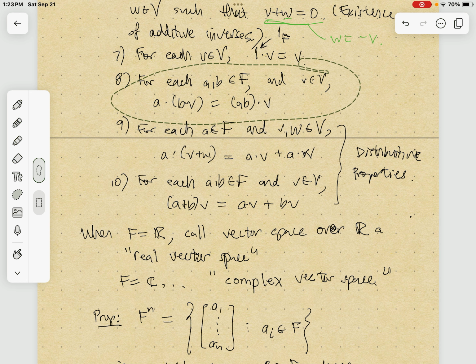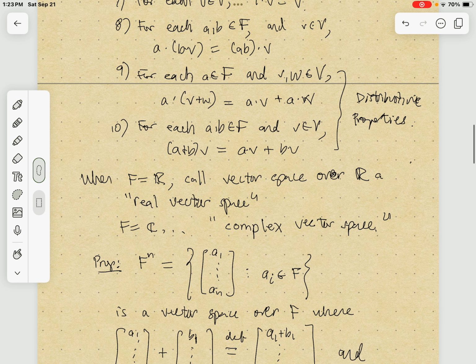What about property 8? No, we don't need to check that either, because we can just use the same argument that if you have A and B and F, and V in S, then V is in V, and we know this property holds. And lastly, what about the distributive property?